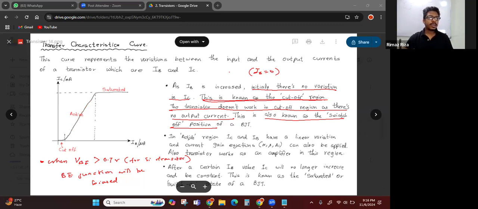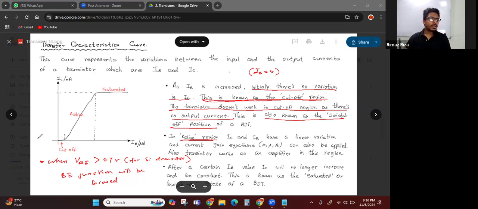This region is known as the active region.